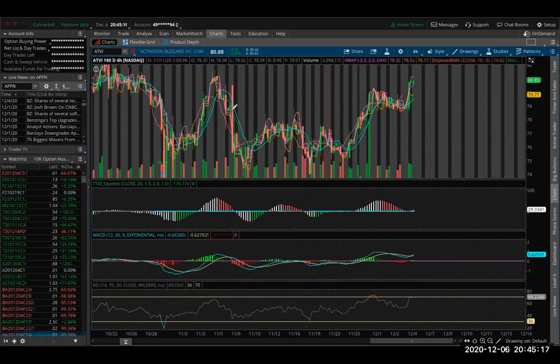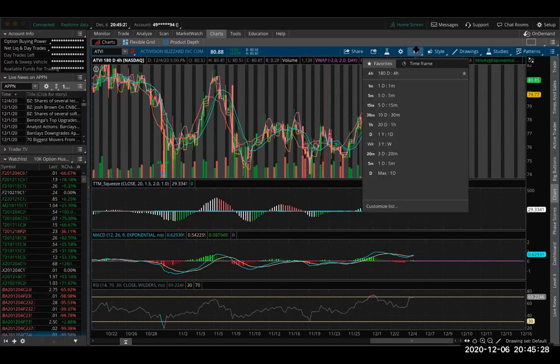Did they say it was already formed? There's a cup and handle reversed here. Maybe it's further out, you think? They said monthly, and then possibly quarterly as well. And then they thought you should buy calls right now on it.